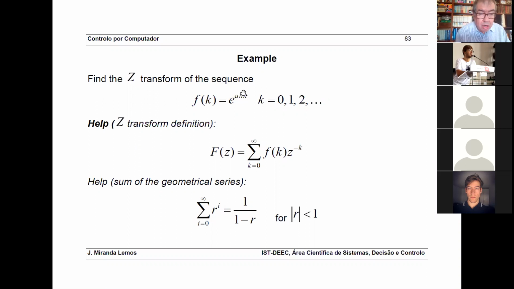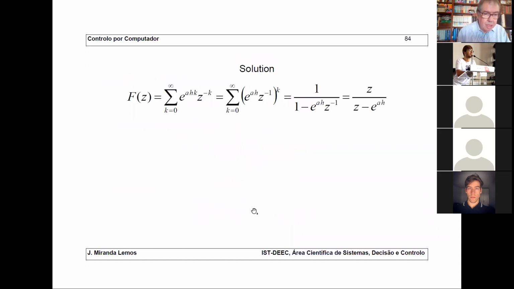So it's the power k of the exponential of ah. The exponential of ah is a number. Okay? So I write it in this way because it's useful for what we will be doing later. But this is nothing more than the power k of a number, which is the exponential of ah. Now, again, we use the definition, and we use the same formula for the summation of the geometric series. Okay, so use the definition. So replace the general value of f of k by our sequence.